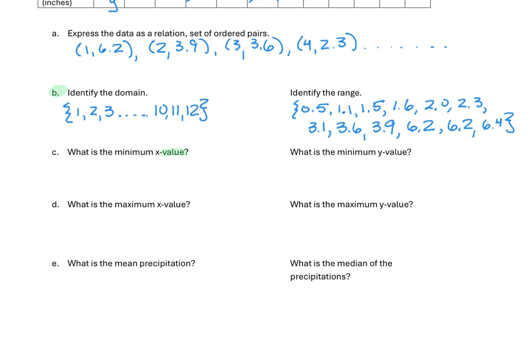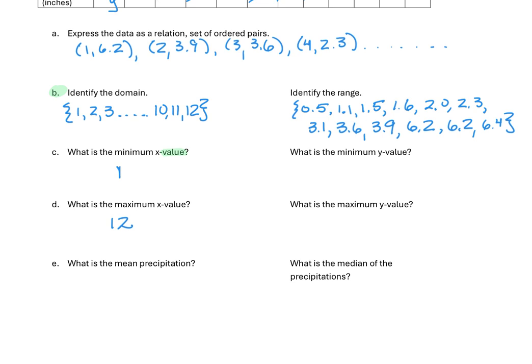And so our smallest number in the domain is 1. Similarly, for part D, we have what is the maximum X value. And so the largest number in our list for our domain is the 12. And so that's going to be our maximum X value.